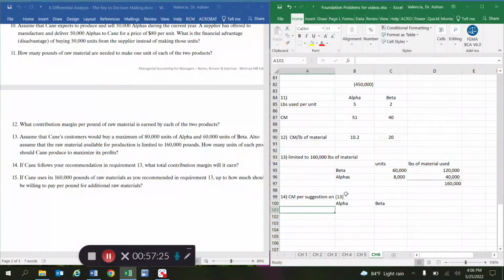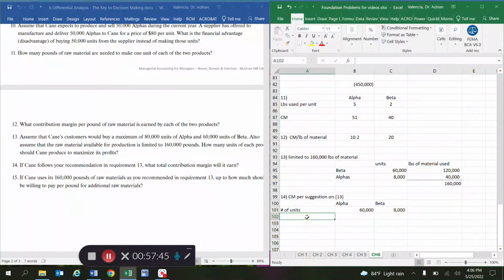We said we were going to make 60,000 of these and 8,000 of these to max out the pounds that we have, and max out our profitability there.